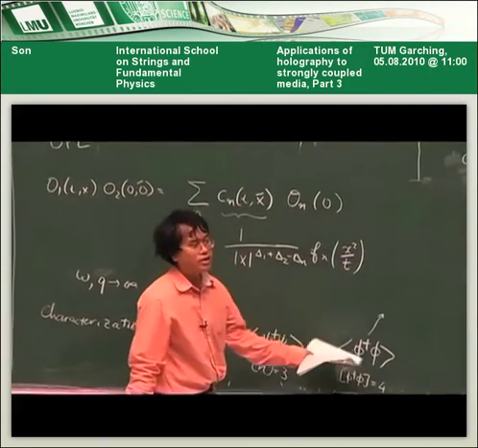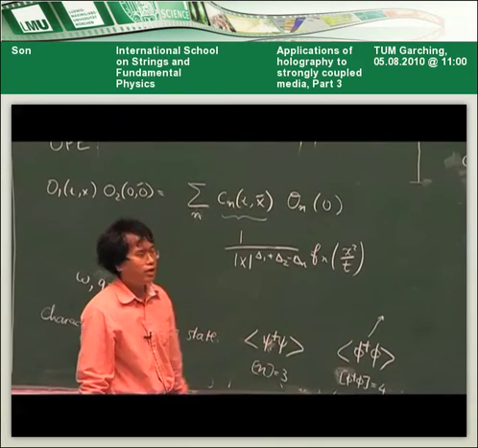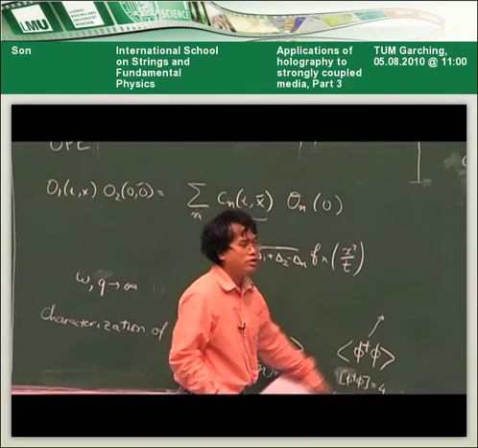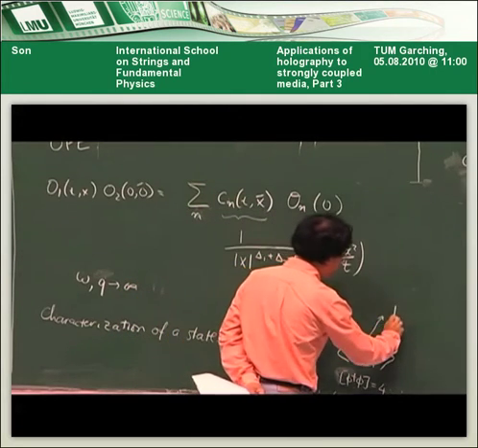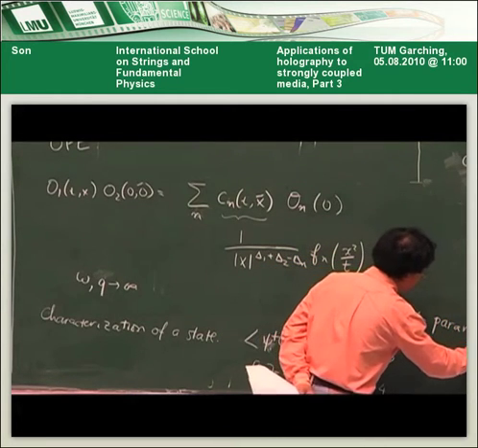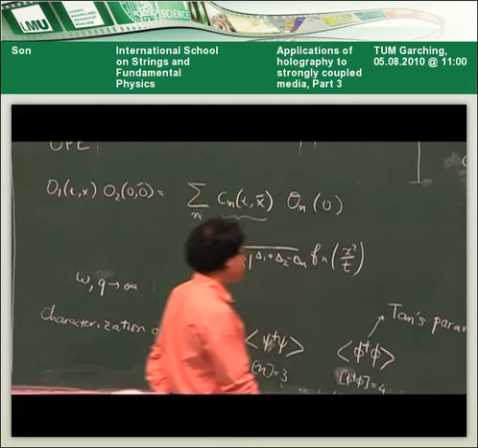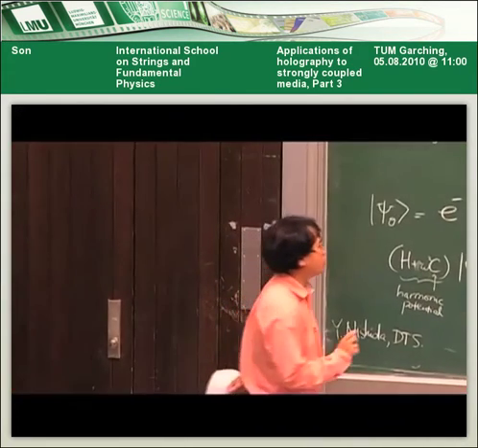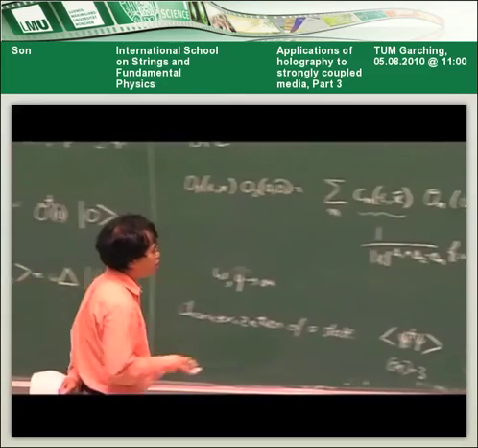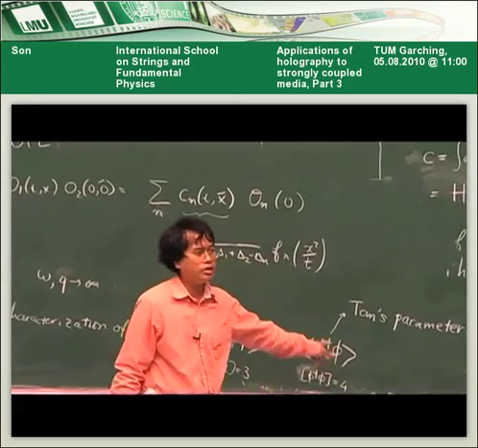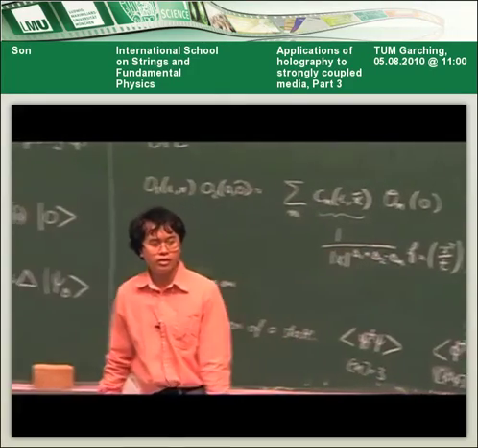This is the characteristic of a non-perturbative state, of any state. For example, you put a system in a box, you can ask what is the expectation value of that operator, and that is called the Tan's parameter, which was introduced by Tan using purely quantum mechanical language. But we can understand that parameter, which at first looks very mysterious, as an expectation value of a local operator in the non-relativistic conformal field theory.